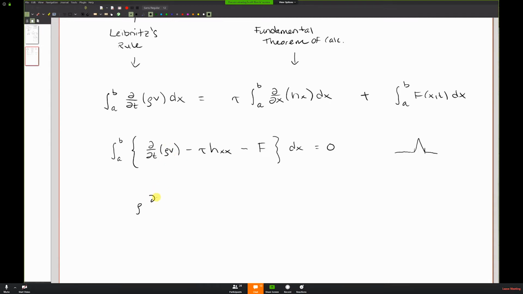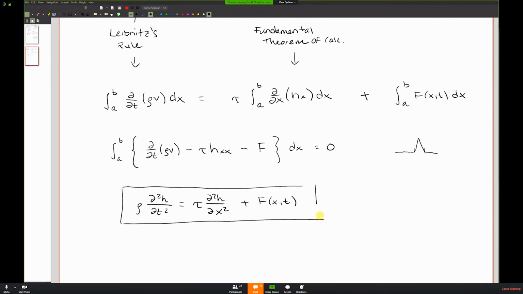So this becomes the second derivative of position. And this is called the wave equation.